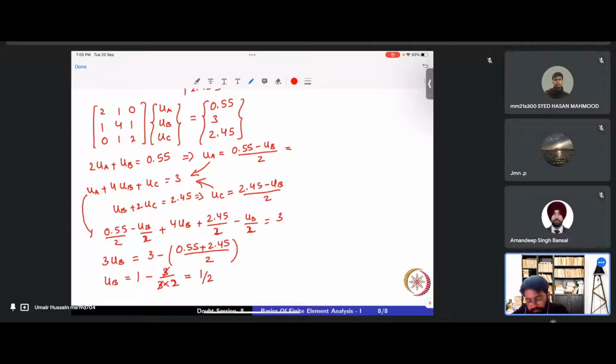ub is 1 by 2, and if we substitute the value of ub in the first equation here, we'll get this as 0.55 minus 0.5 by 2, that gives us 0.05 by 2, that is 0.025, and same for uc, we can do this: 2.45 minus 0.5 by 2, that gives us 1.95 by 2, so that is I think 0.975, right?